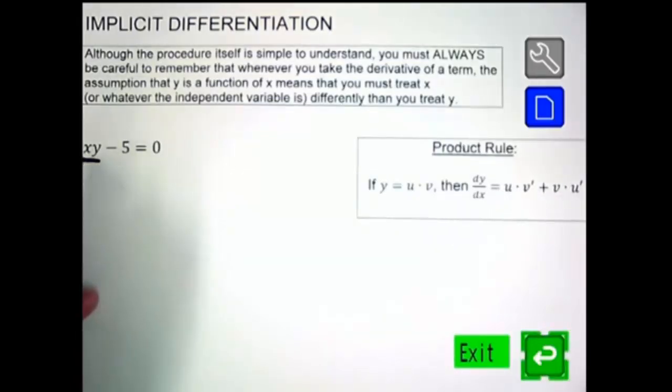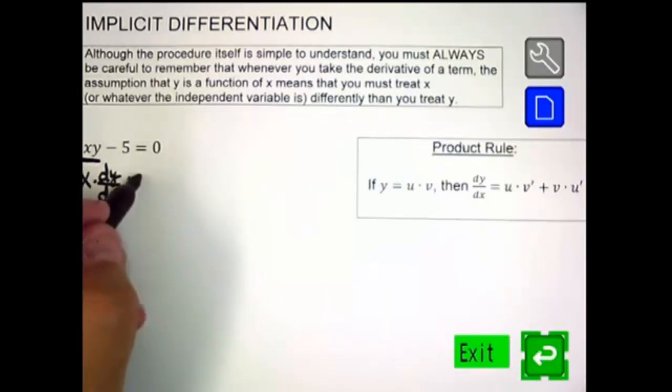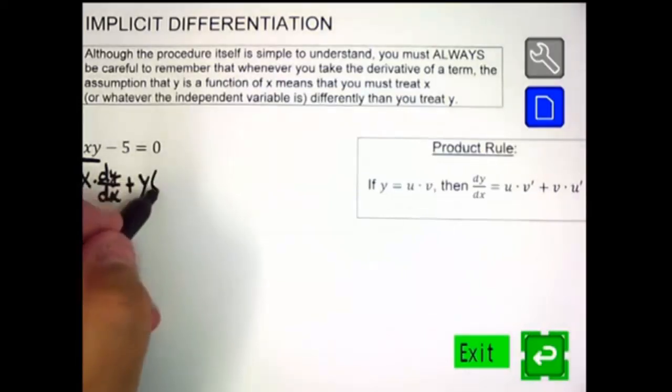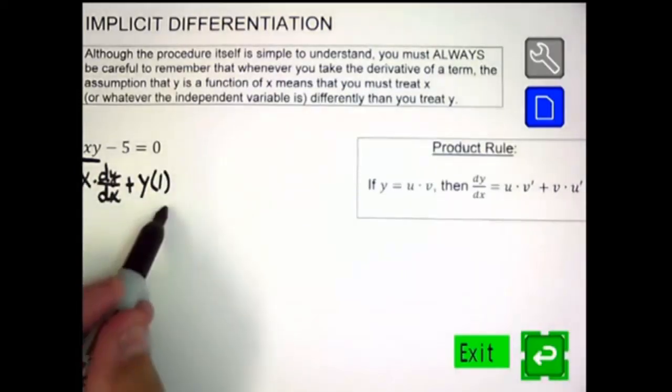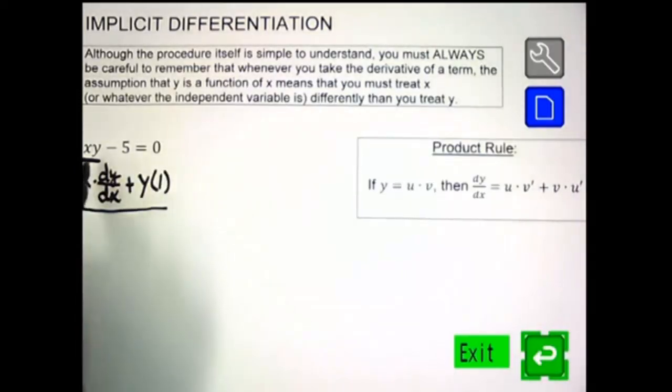So the first factor here is x, so you get x times the derivative of the second factor. Well, the derivative of y is dy over dx because it's a function of x, plus, then you reverse it, you take the second factor, the y, and multiply by the derivative of x, which is 1. So that's the product rule for the first term.